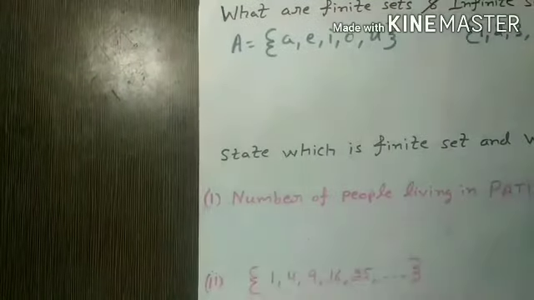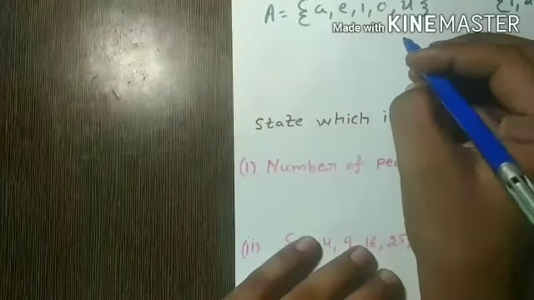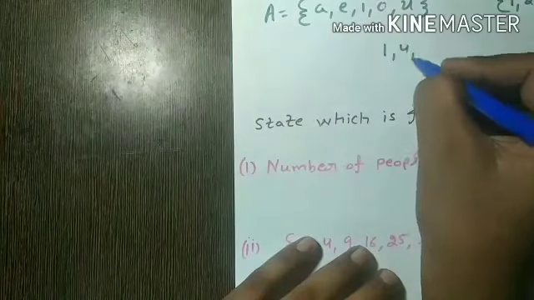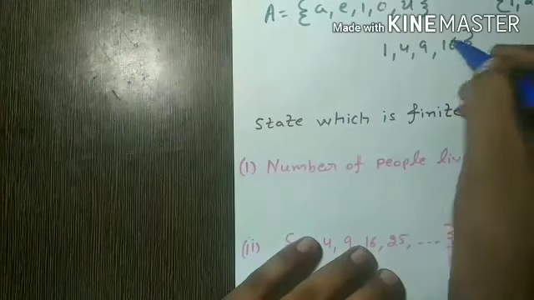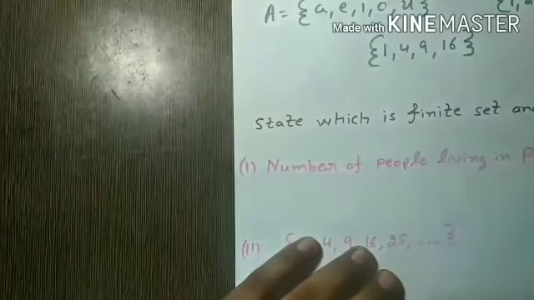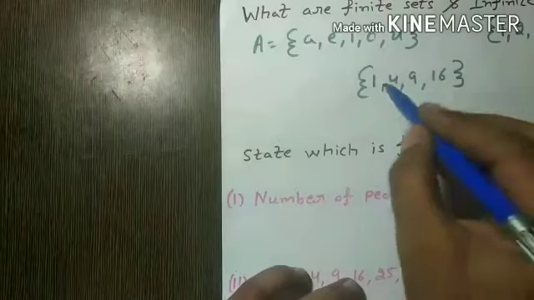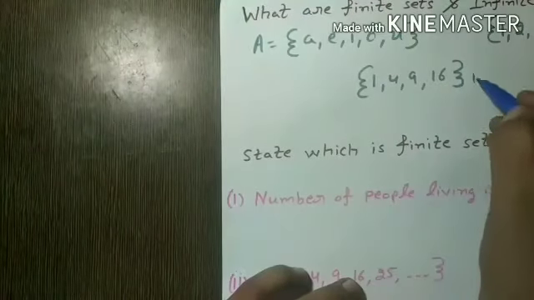Now tell me, 1, 4, 9 and 16: is this set finite or infinite? This set is finite, because only 4 members are there.